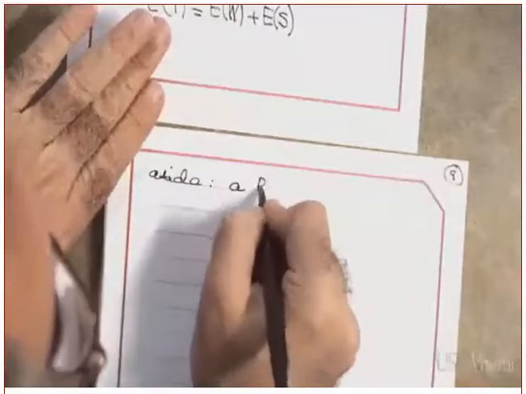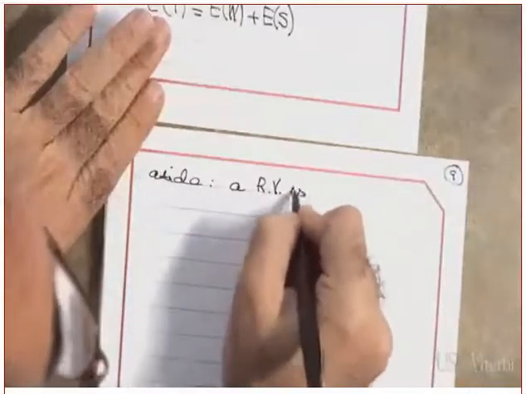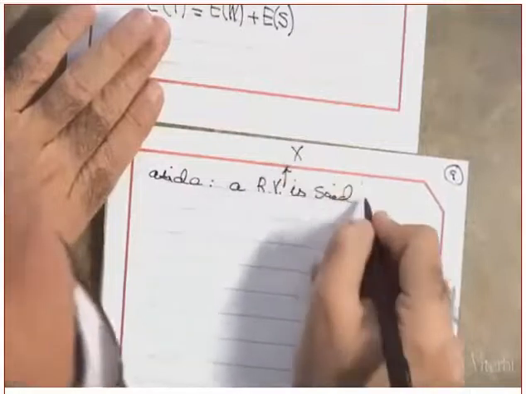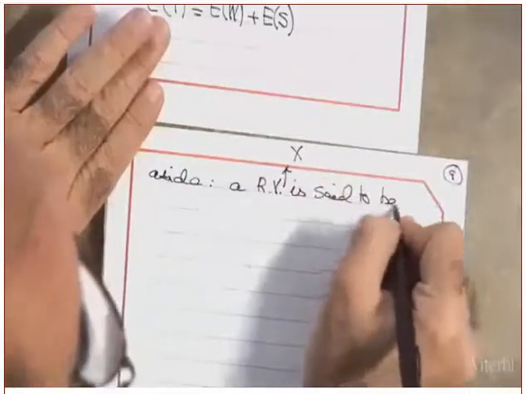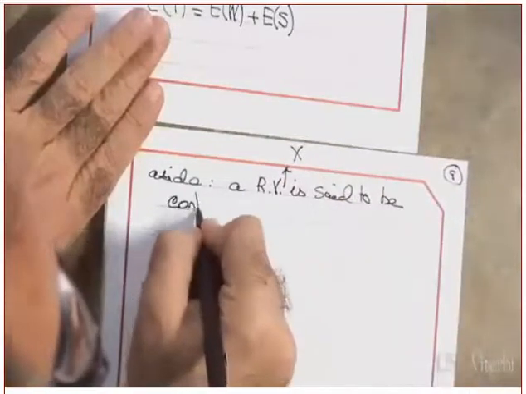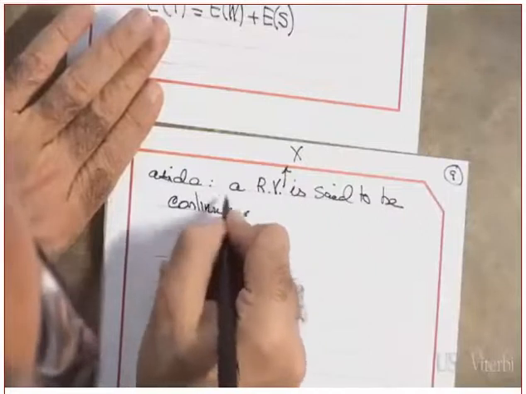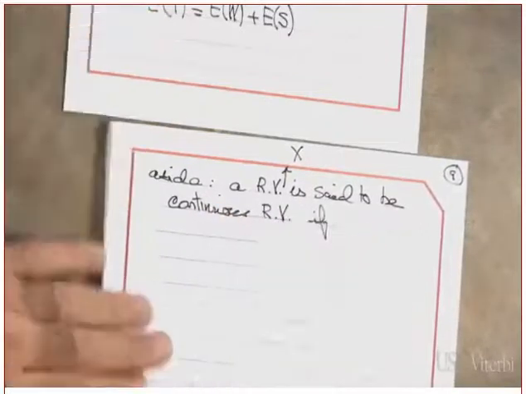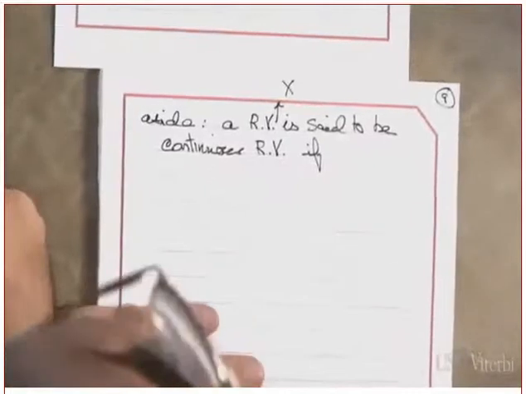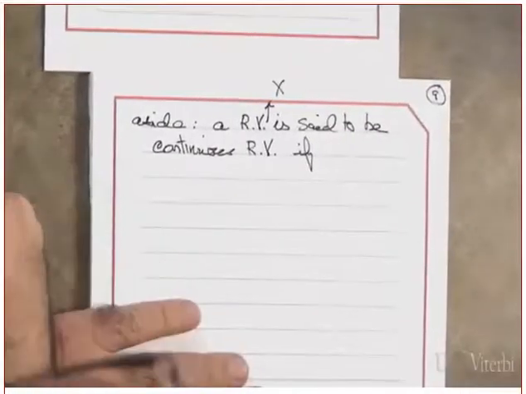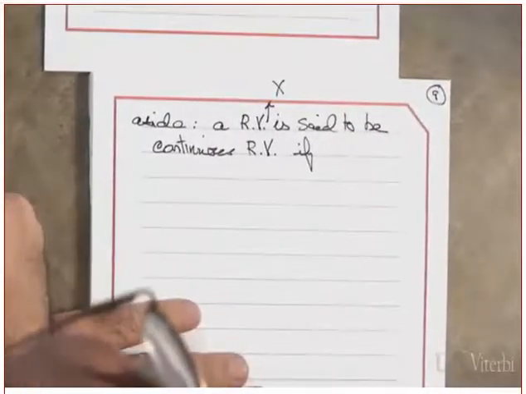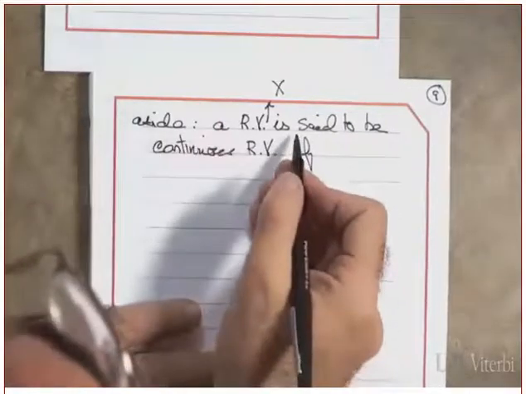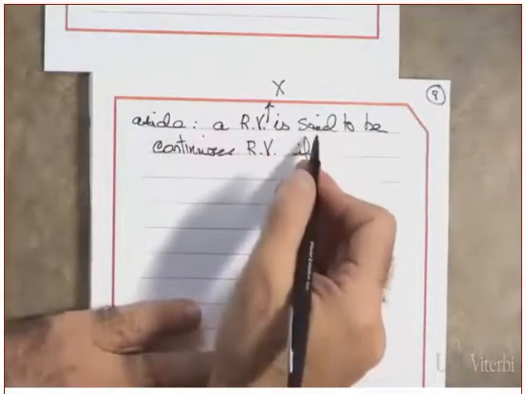A random variable X is said to be continuous if... Still waiting. Cannot hear you. Speak louder. We say a random variable X is continuous.